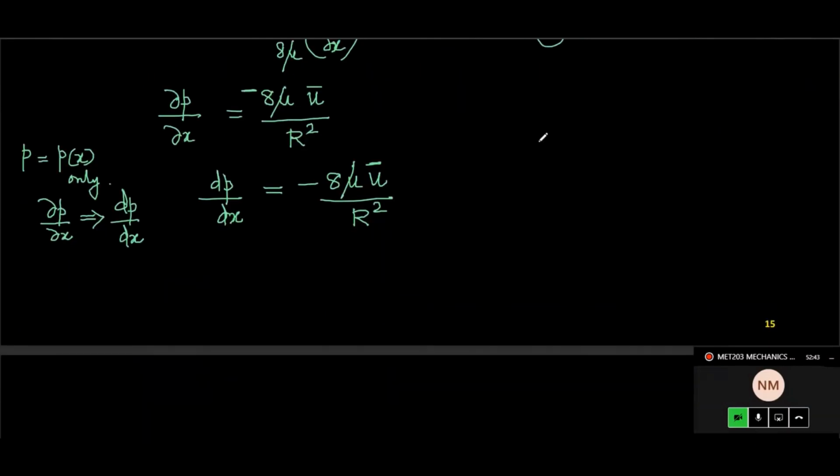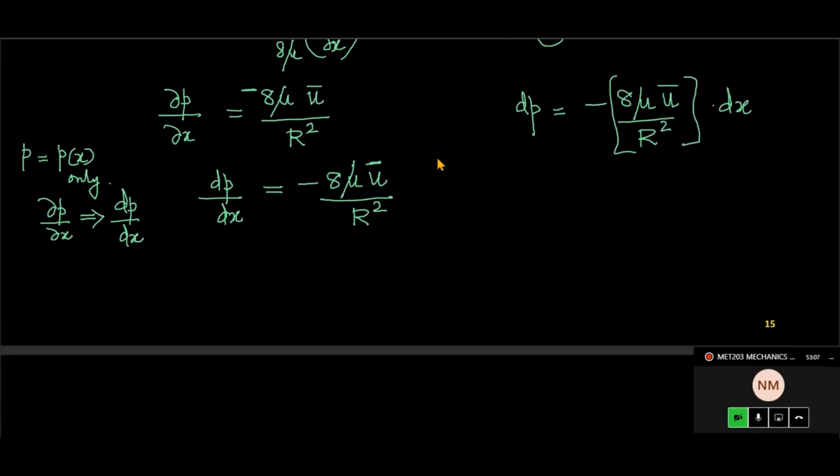What we want is the pressure difference, dp. So from this I can write dp is minus 8 mu u bar divided by r square, into dx.